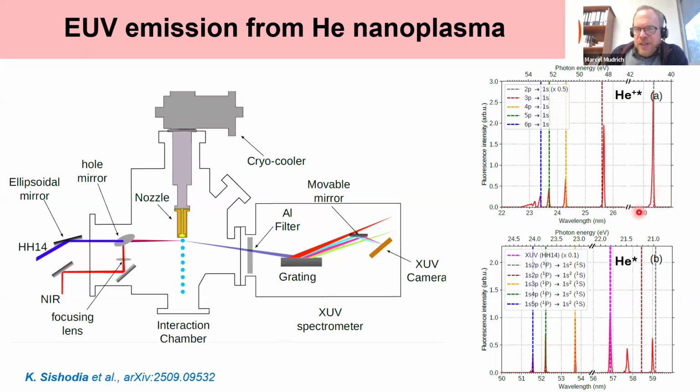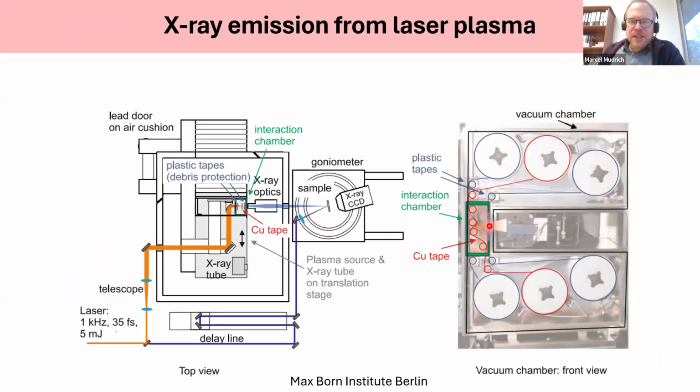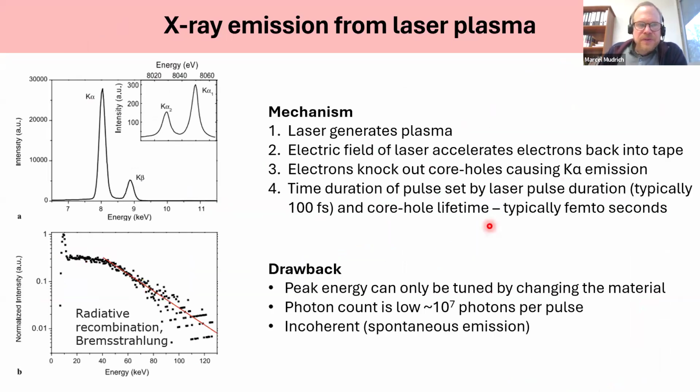Essentially, it comes down to changing from one material to another to control which lines are emitted. So this is a way to produce XUV or X-ray radiation, but definitely not the optimal way, because we have very little control over the wavelength, and the intensity of the radiation is rather low.